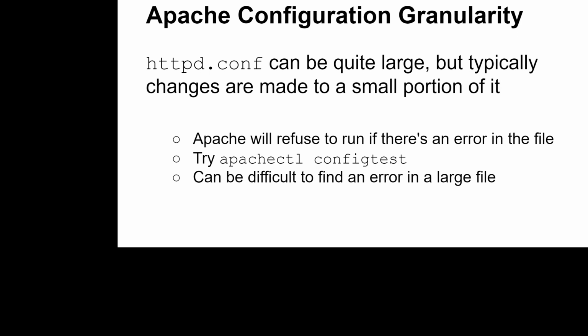Oftentimes it'll say it's an error on line 53, but that's because you left out something back on line 35. So certainly start off with 53, and you may need to backtrack a little to see where you left something out. If you're used to programming, it's similar to leaving out a semicolon earlier in your code and the compiler not throwing an error about it until 5 or 6 or 25 lines later. So this gives you a hint, but it may not tell you exactly where that particular error is located.